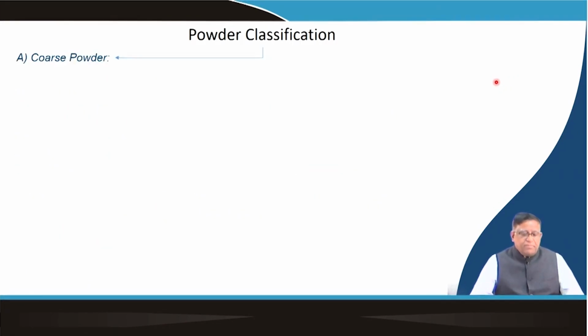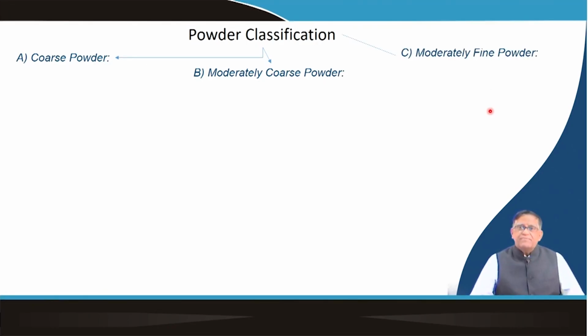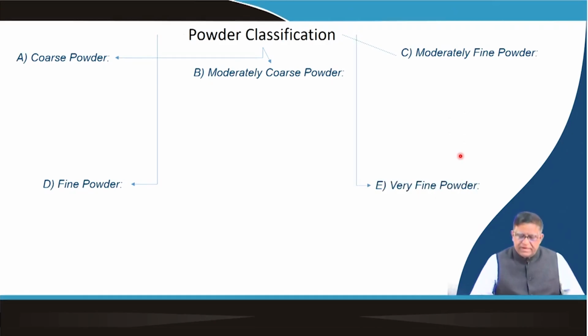So, this powder classification can be done because there could be a coarse powder, there could be moderately coarse powder, there would be moderately fine powder. Particularly this type of thing will come in pharmaceuticals or in the food industry. Also in mineral processing, sometimes you may get some fine powder and very fine powder.